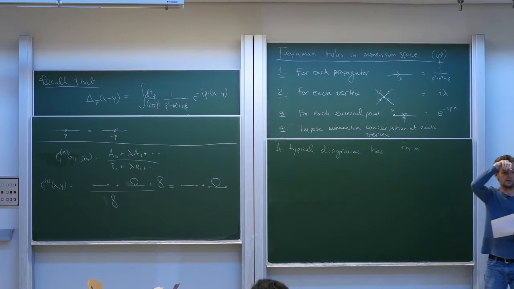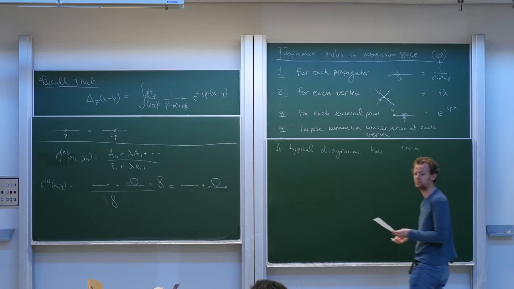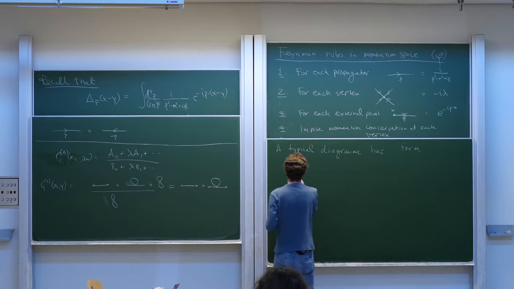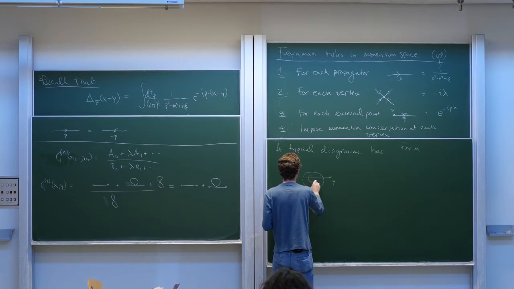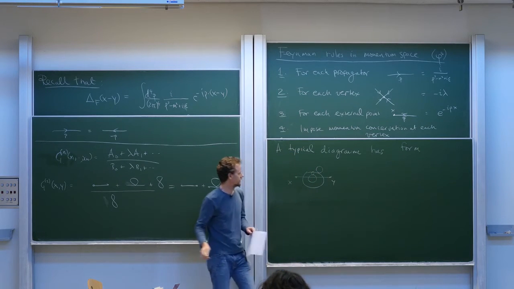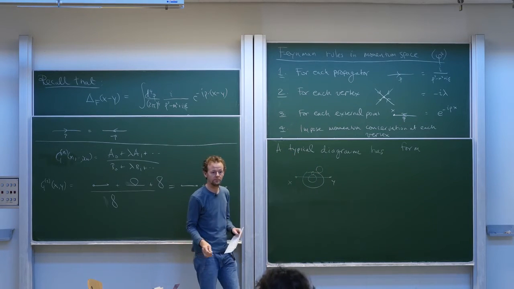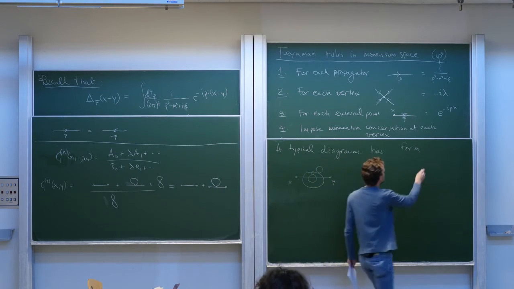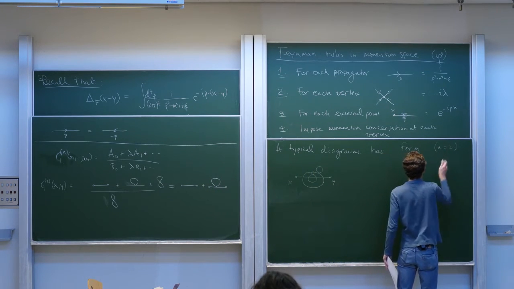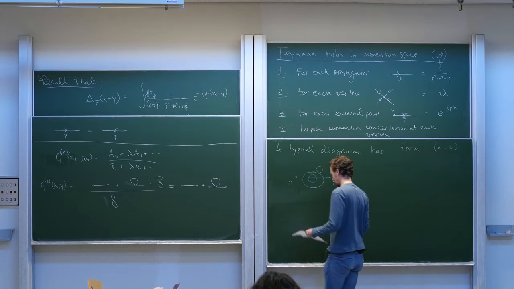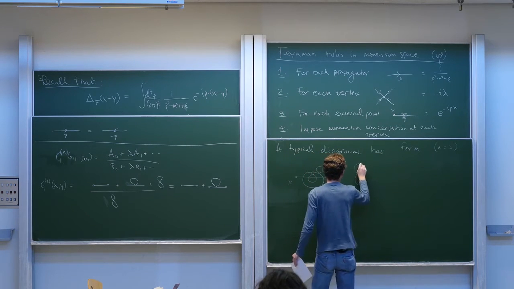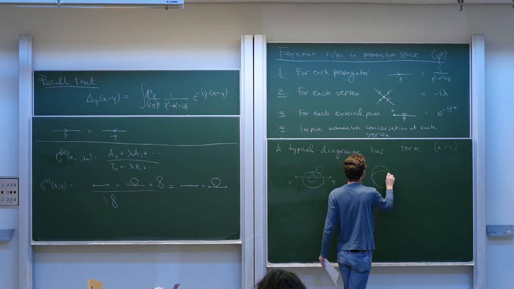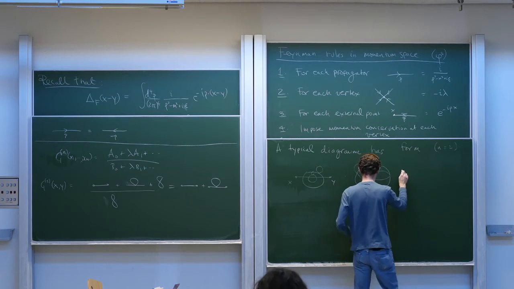So a typical diagram has a pretty standard structure. You've got some part that's connected to the external vertices, x and y, for example, multiplied by some parts that aren't connected to the external vertices.